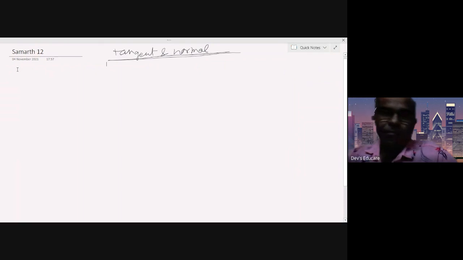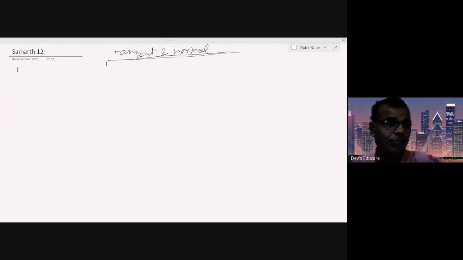In exercise 6.3, we find the derivative of the function, as usual. If the slope has to be found, a point would be given. Suppose we have to find the slope at x equals 2, x equals 3, or any constant.